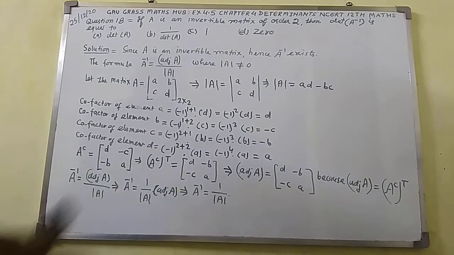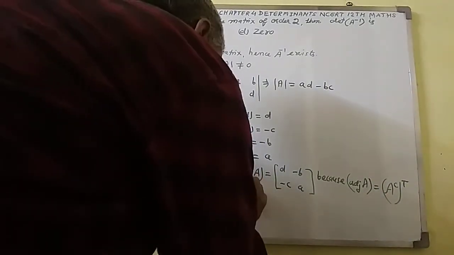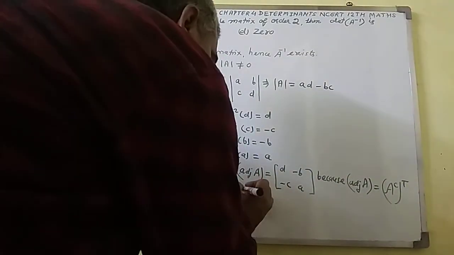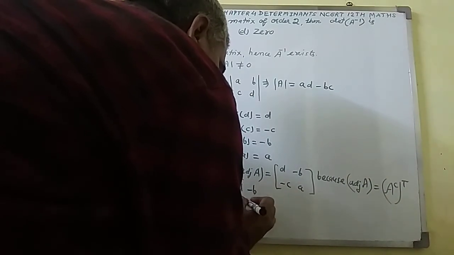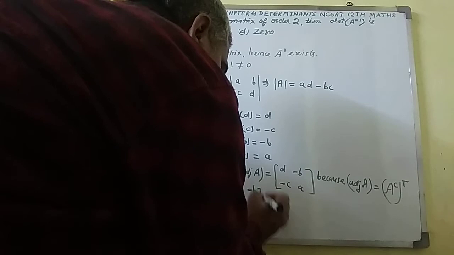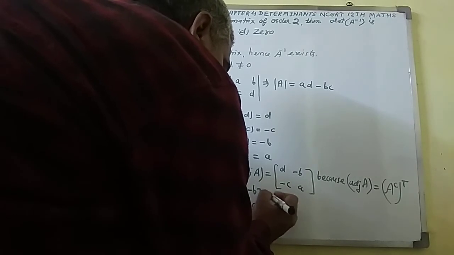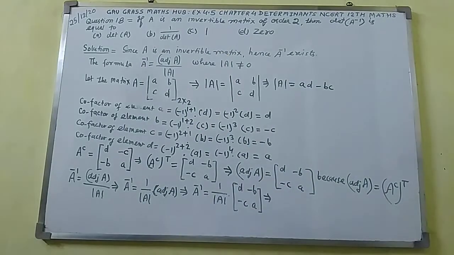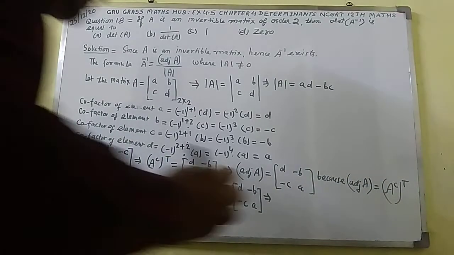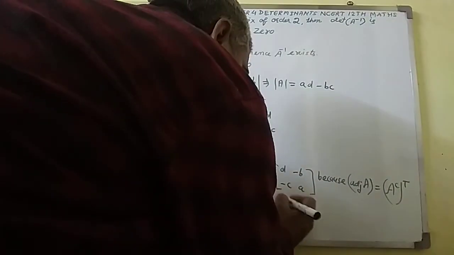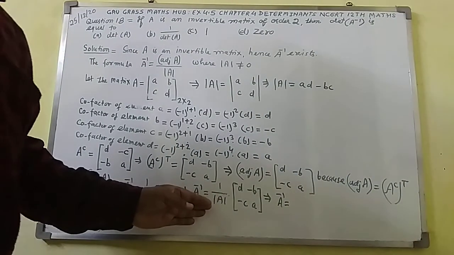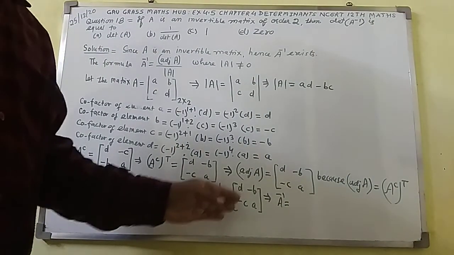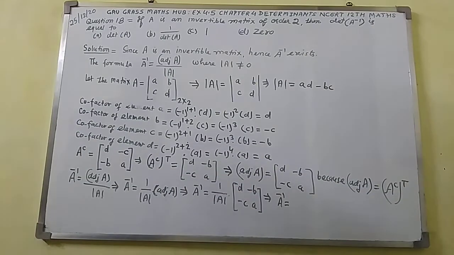Adjoint A matrix I am going to put here. So here put D minus B minus C A. You will get here implied that A inverse equal to, here you can see 1 over det A dot this matrix.